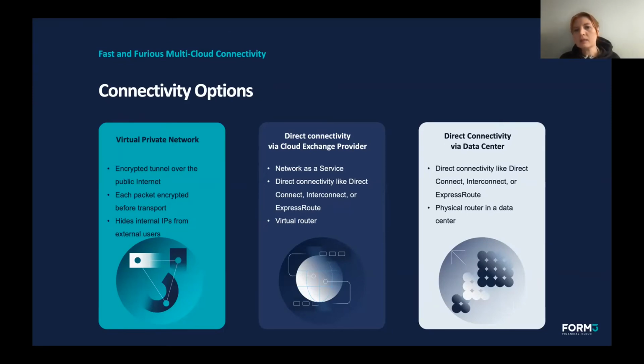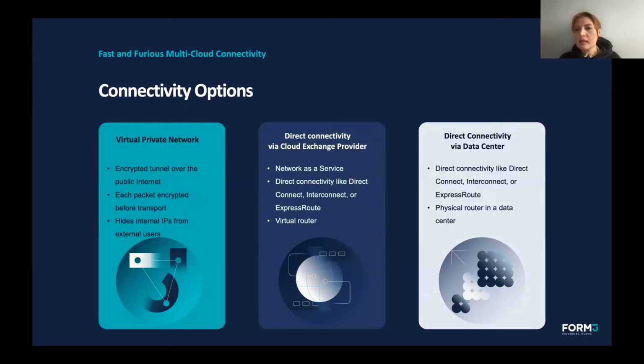And then having those three connections to three clouds, we can use a virtual router, which routes traffic across those three connections.